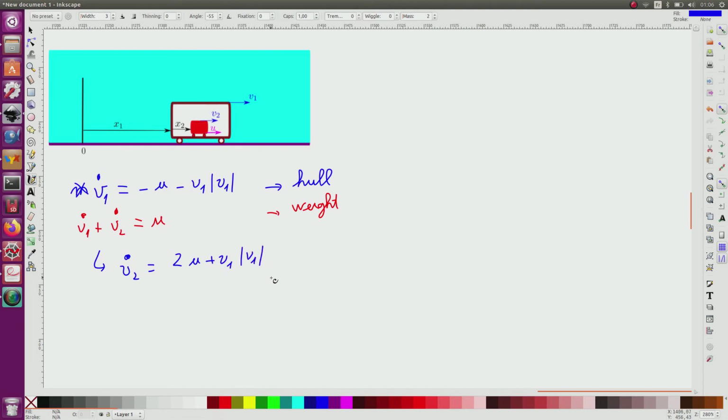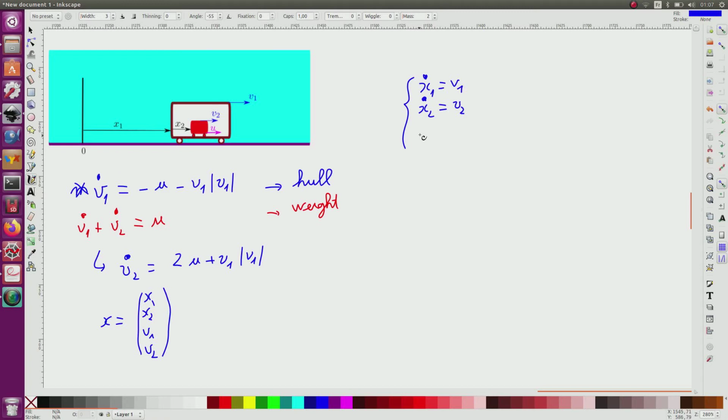Okay, so it means that the state of the whole system corresponds to x1, x2, the degrees of freedom x1 of the hull, x2 of the weight, and their derivatives, v1 and v2. We have the following state equation. X dot 1 corresponds to the speed, v1. X dot 2 corresponds to v2.